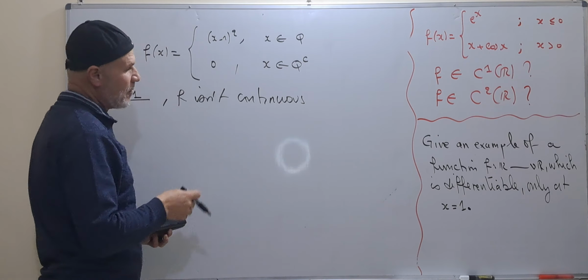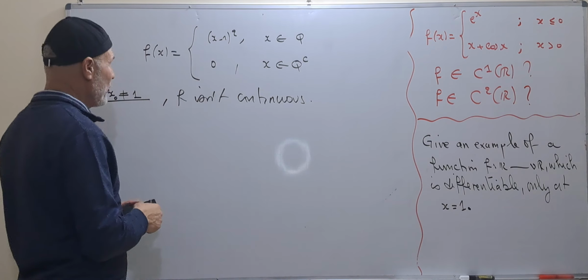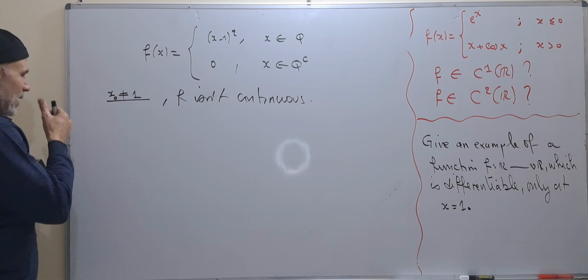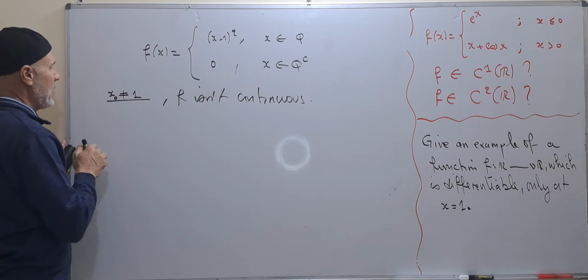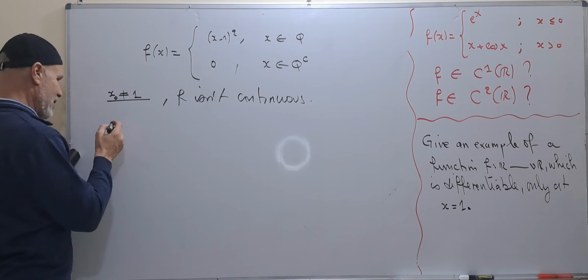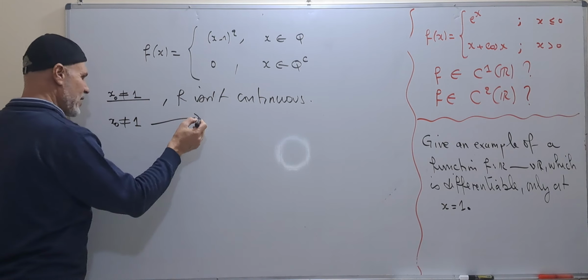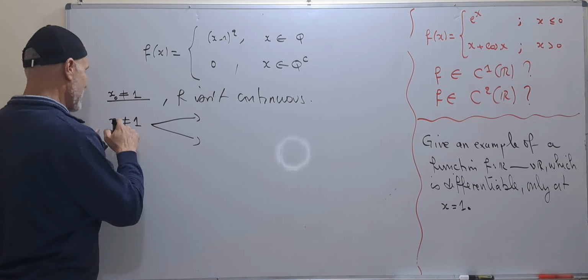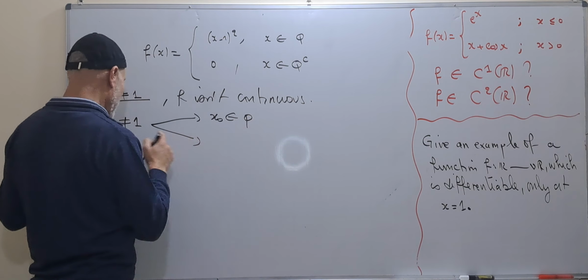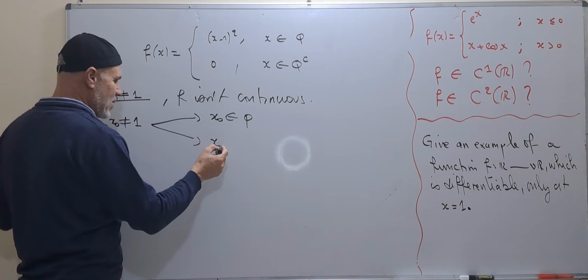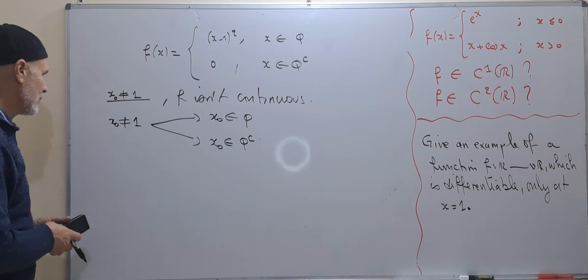We saw this before, but anyway, we can repeat it quickly. Let x0 be different from 1. In this case, we have two cases. The first case: x0 belongs to Q and is different from 1. The second case: x0 belongs to Q complement.